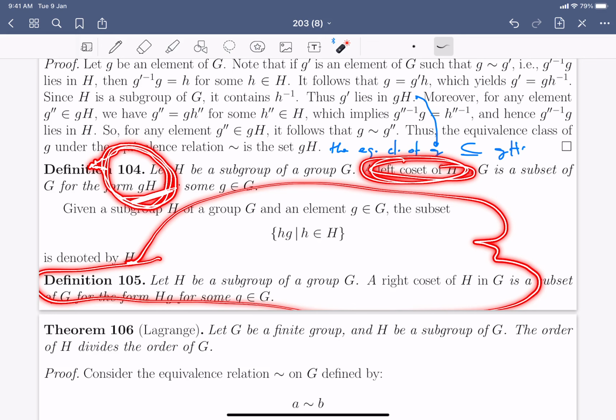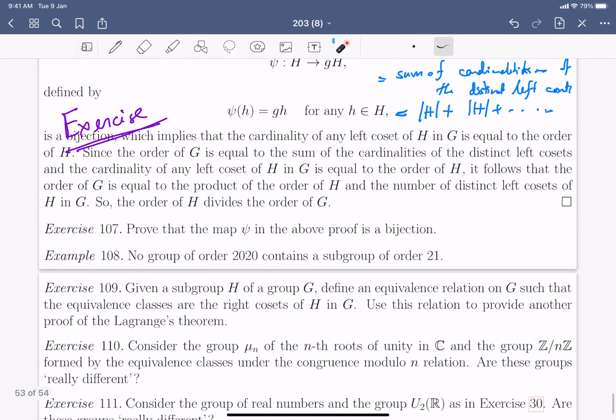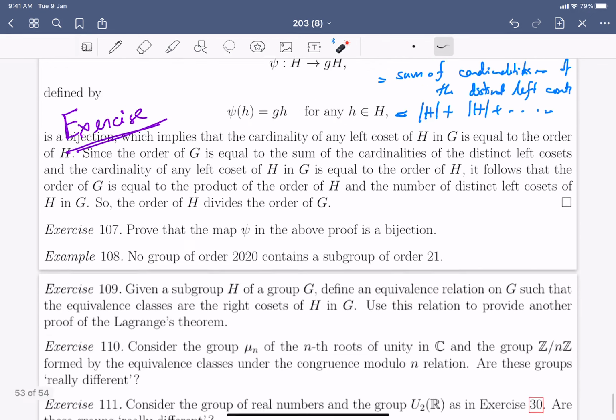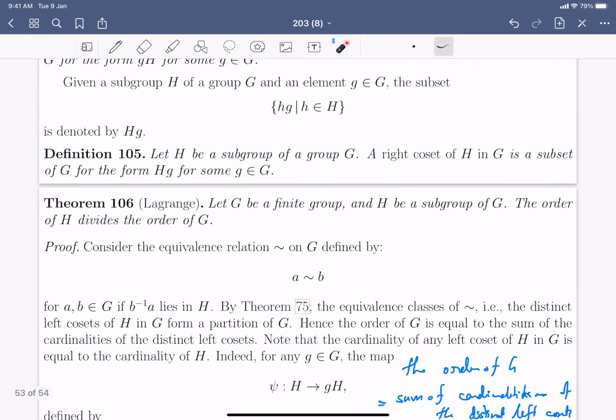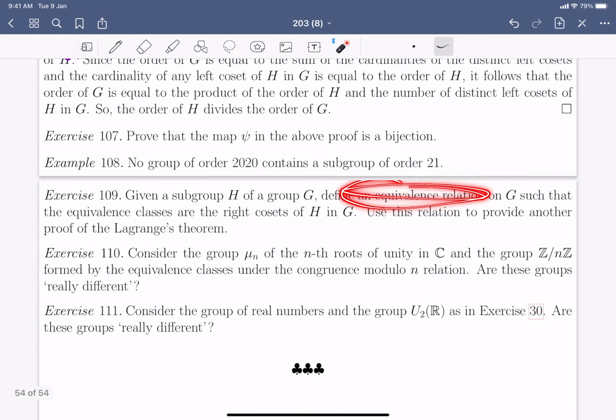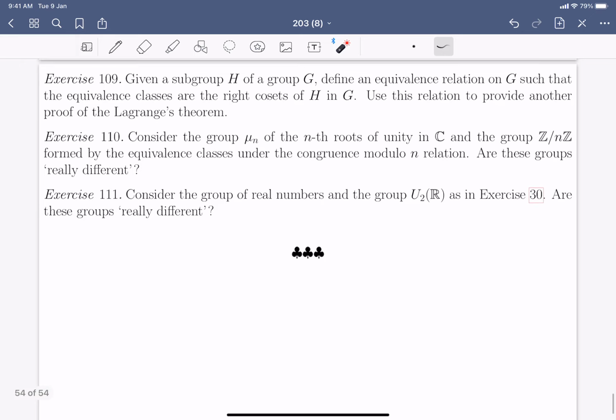In other words, they consist of multiples of g by elements of H from the left. Great. I'd like to have one such equivalence relation, and then again a proof of Lagrange's theorem using this equivalence relation. So try to work on this exercise.